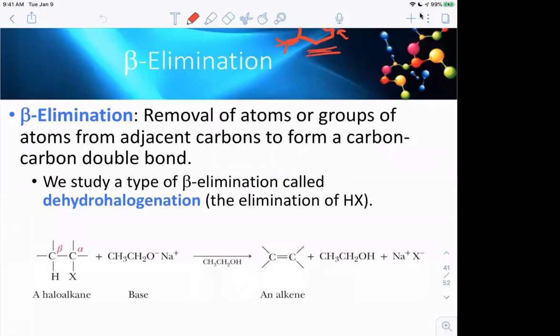Okay, we talked about substitution, SN1 and SN2 mechanisms for substitution. Now we're going to talk about beta elimination. Beta elimination is the removal of atoms or groups of atoms from adjacent carbons, these beta carbons, to form a carbon-carbon double bond.